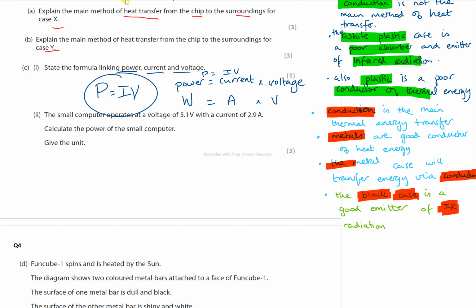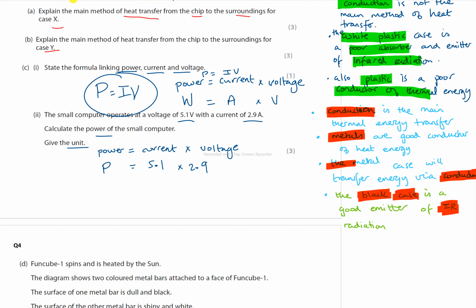Right, a small computer operates at a voltage of 1.5 and a current of 2.9. Calculate the power. Give the unit. So we write the formula out, just out of habit. Right, the more you say it, the more you will be able to in the exam.